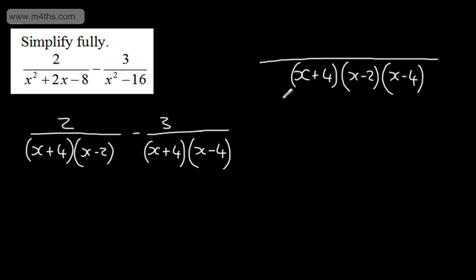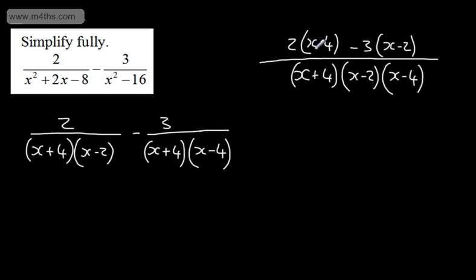So if I look now at this fraction, I'm missing here the x minus 4. So I'm going to write this now as 2 lots of x minus 4. Minus, and from this fraction in the common denominator, I'm missing now the x minus 2. So x minus 2. So I can write it like so.